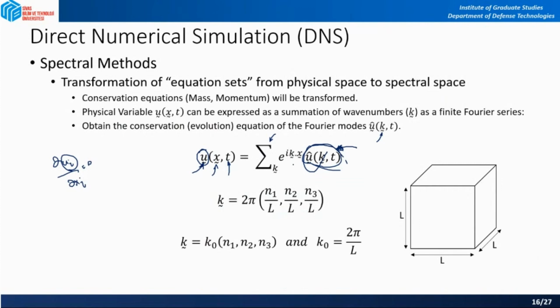So in the continuity equation, you replace this u with this Fourier series, and then you take the derivative of this Fourier series, and as you see, it's a summation because you have a repeating index, so you will sum up, and the story goes on. So this is the starting point of transferring from physical space to a spectral space.